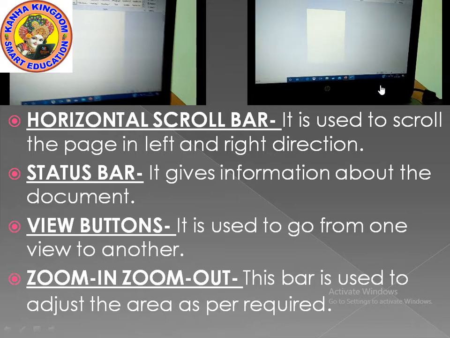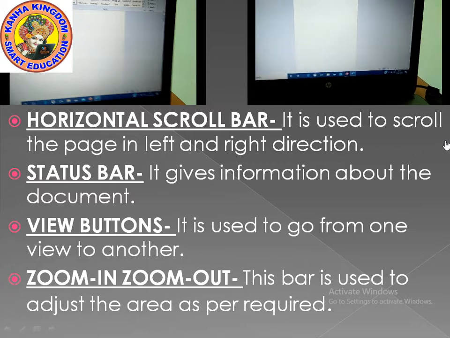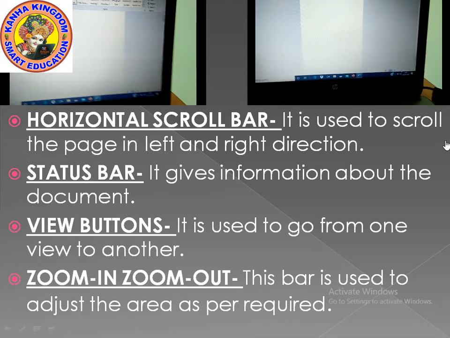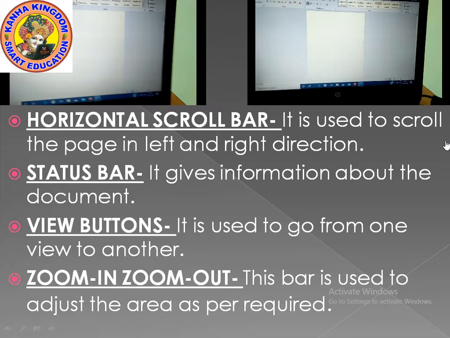Can you see this zoom in and zoom out sliding bar? I will show you again. If I move it towards the plus sign, it will increase, and if I move it towards the minus sign, it will decrease. You can adjust this as per your requirement.